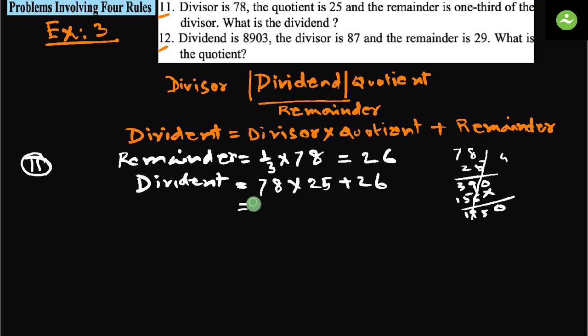So 1950 plus 26 equals 1976. So that is the answer, 1976. Now next question, 12.